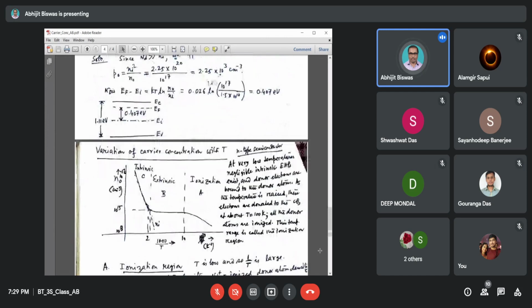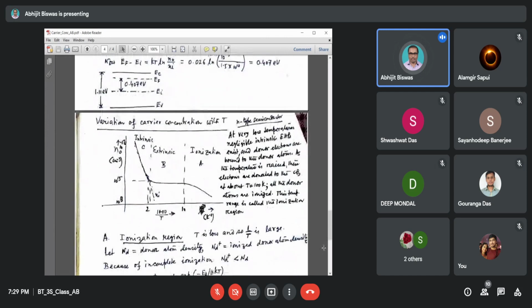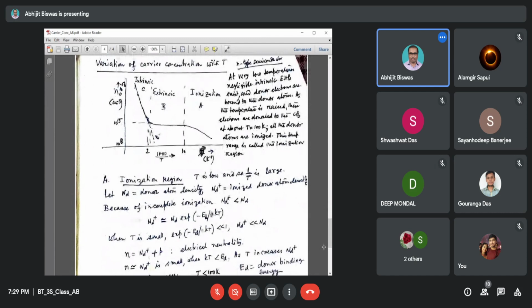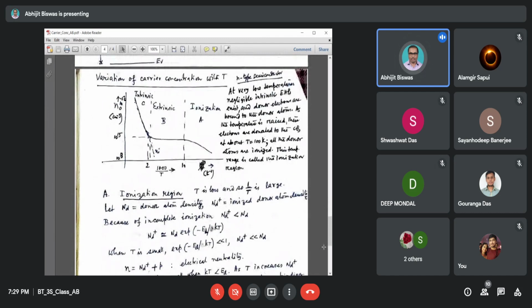So now I'll discuss the variation of carrier concentration with temperature. It is very important. We'll consider an N-type semiconductor at a very low temperature, below 100 degree Kelvin.